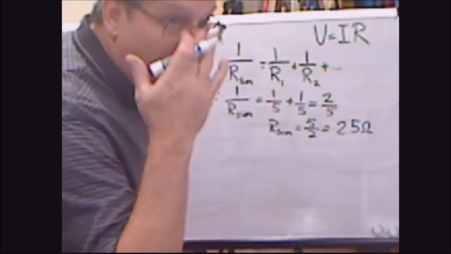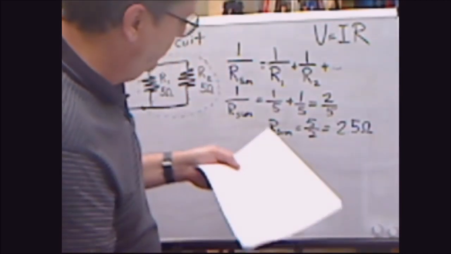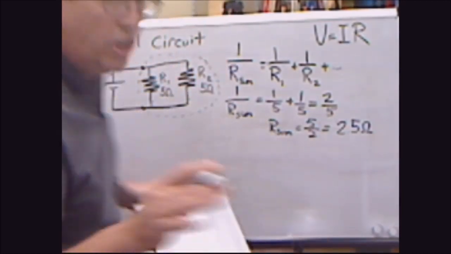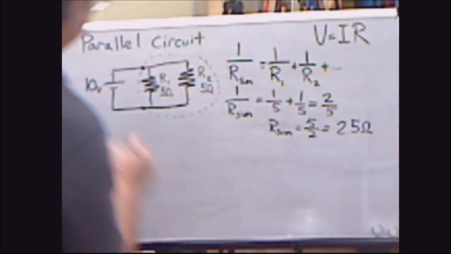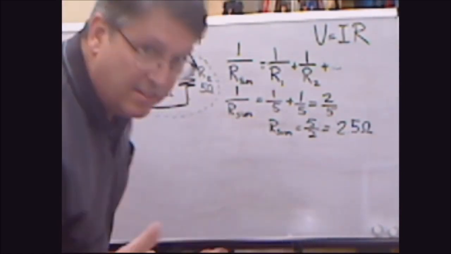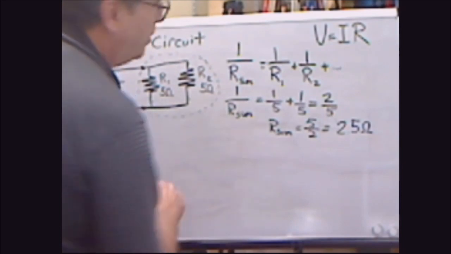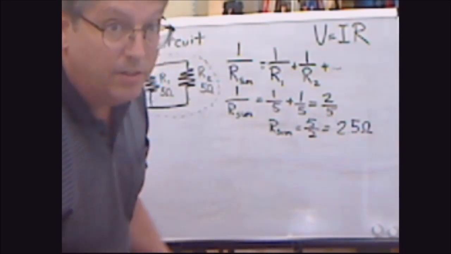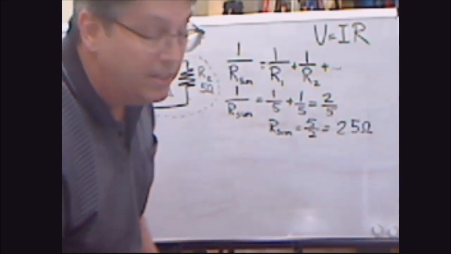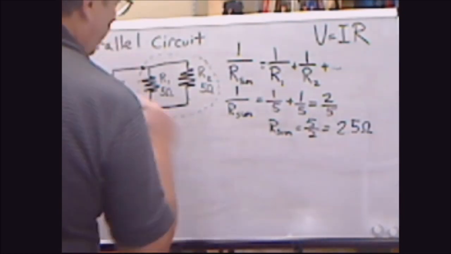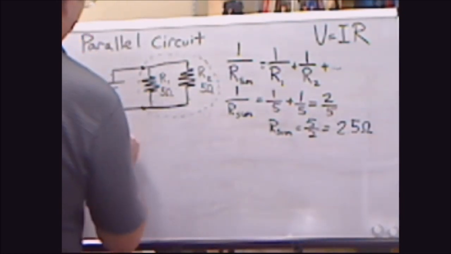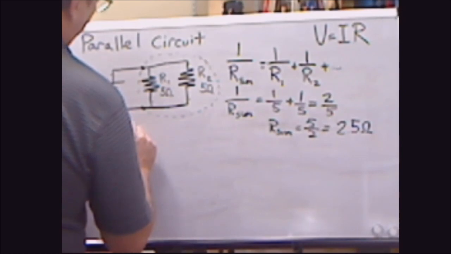So now we're going to figure out what the current traveling through this circuit is, which is like the draw on the battery. If you figure out the amperes, you're going to know how fast that battery is going to drain. So here we go. We have Ohm's law, V equals IR, right?